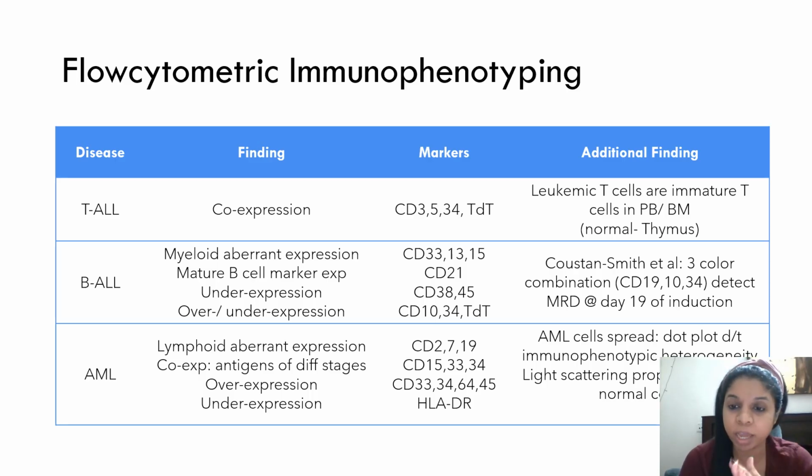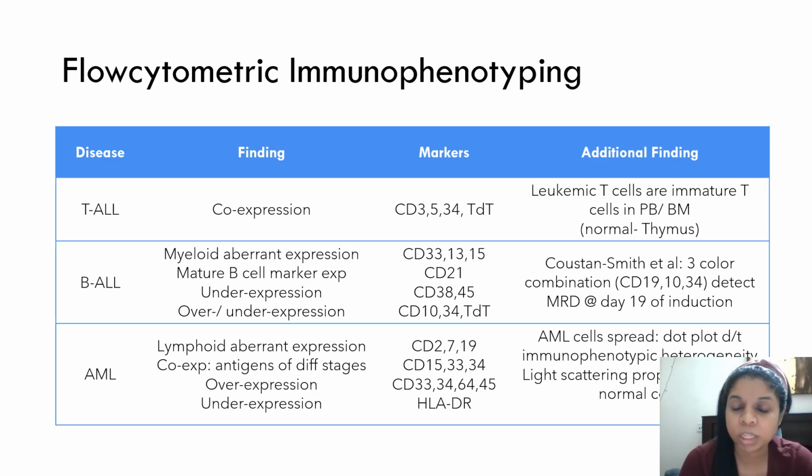So at day 19, if you are seeing immature cells which are expressing CD19 or 10 or 34, then you should consider it is more likely leukemic cells only, because by the time of chemotherapy the normal cells will have completely disappeared.